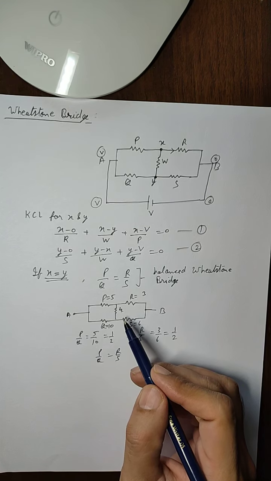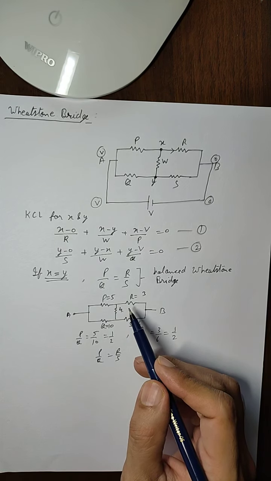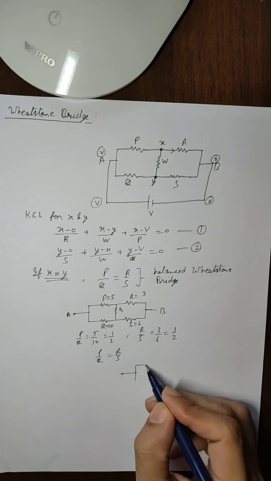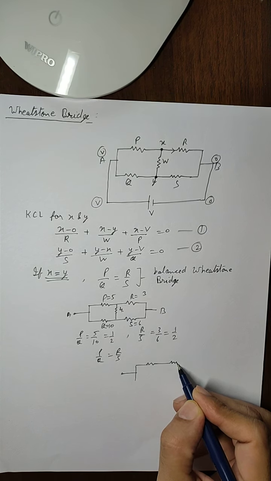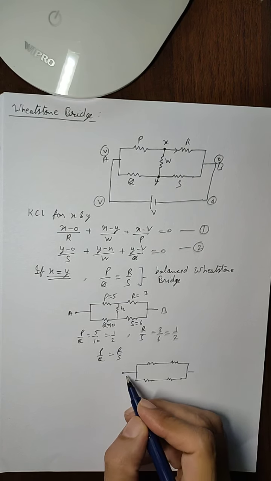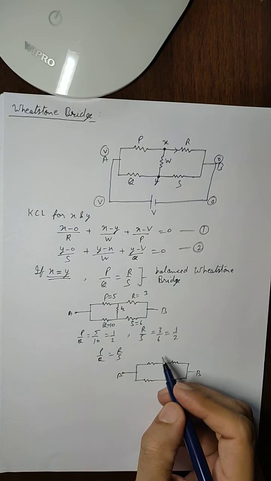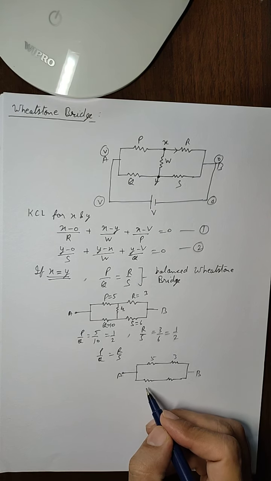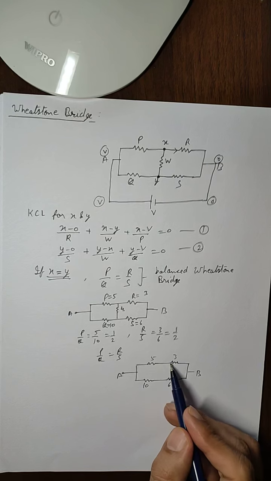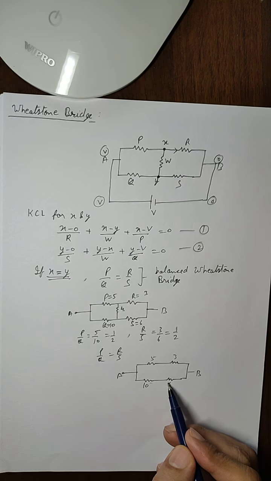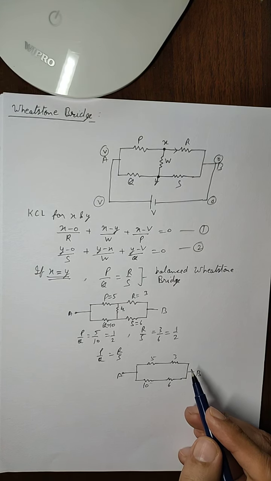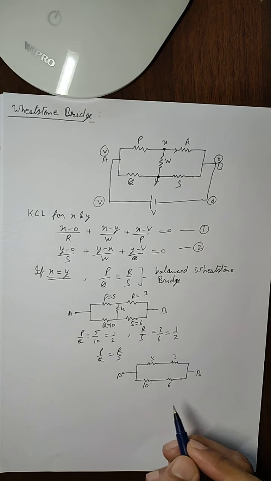Since there is no current flowing through the 4 ohm branch, it can be removed, and the circuit will look like this, without the middle branch, between terminals A and B. Here we have 5 and 3 ohm resistors, and here we have 10 and 6 ohm resistors. Now we know that these two are in series and these two are in series also, and both the branches are in parallel to each other, so we can find the equivalent resistance.